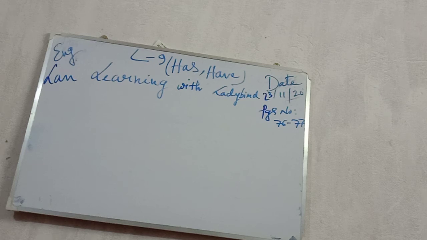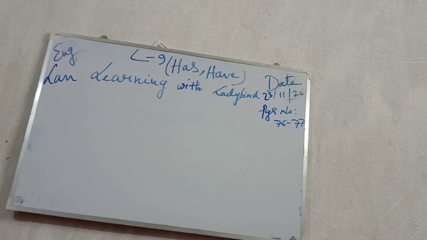With the pronoun I, we use have. And for negative sentences, we use don't have. I have a pen. I do not have a pen.